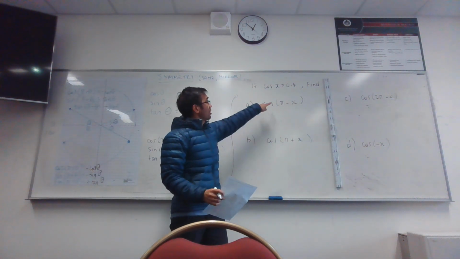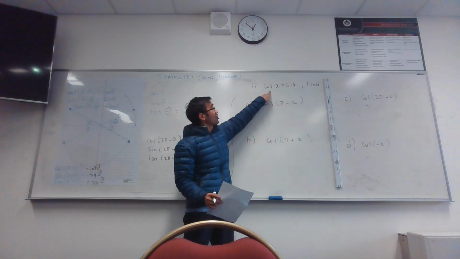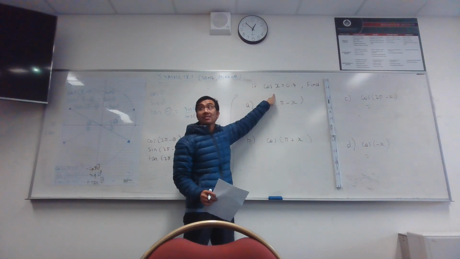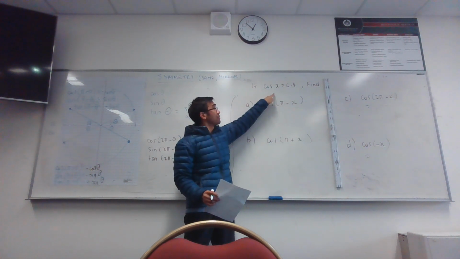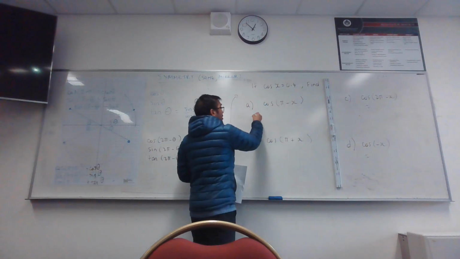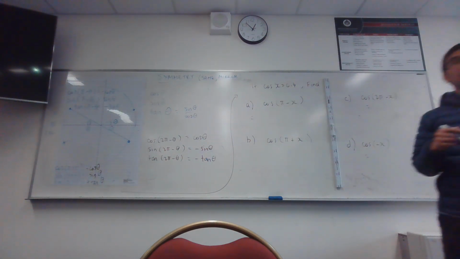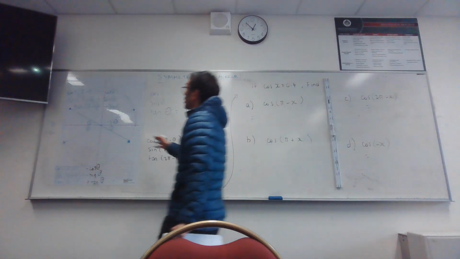Okay, so I have cosine pi minus x, but there is a starting clue. Cosine x, our home base, is 0.4. If our home base is 0.4, how can I rewrite cosine pi minus x? Which quadrant is that? It's quadrant 2.